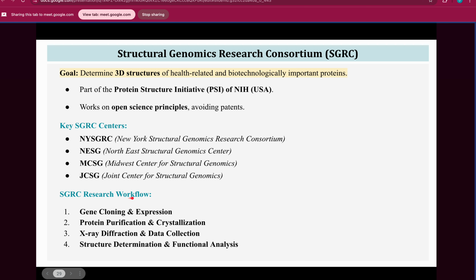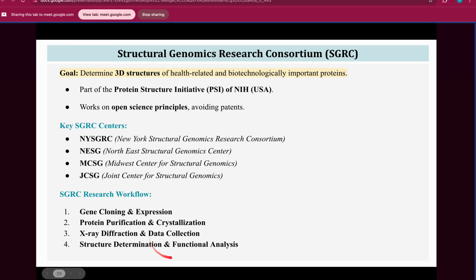Then the SGRC research workflow. This is how they work. They perform gene cloning and expression. These are the same steps which we have already covered. First step is gene cloning and expression, then protein purification and crystallization, then X-ray diffraction and data collection, and ultimately structure determination and functional analysis.